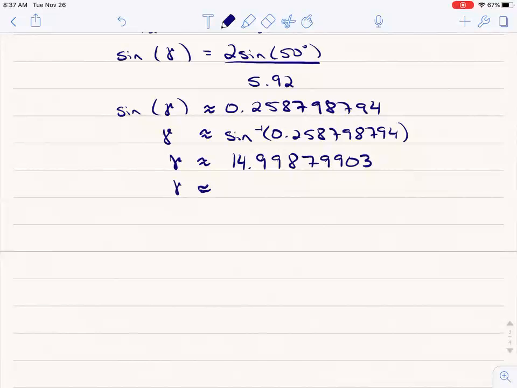So to hundredths, we round this to an even 15.00 degrees.